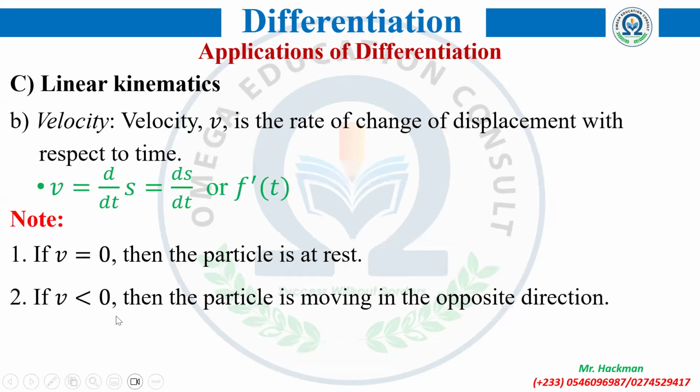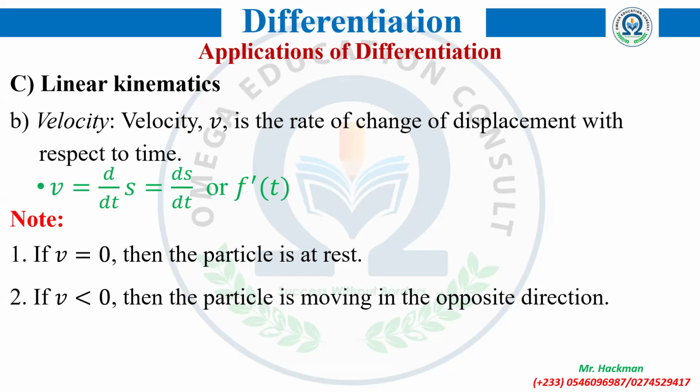Now let's look at another concept that you need to know here under linear kinematics, all the concepts before we look at specific examples. So velocity, which usually we denote by v, is the rate of change of displacement with respect to time. And rate of change is differentiation.